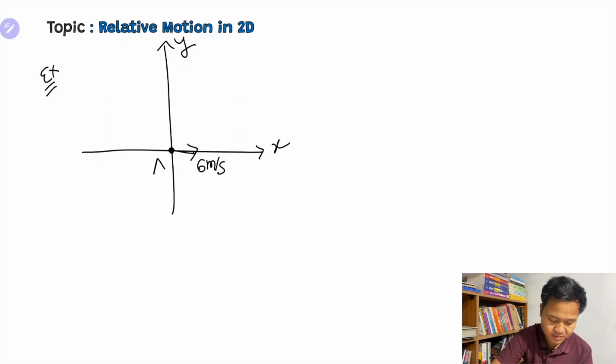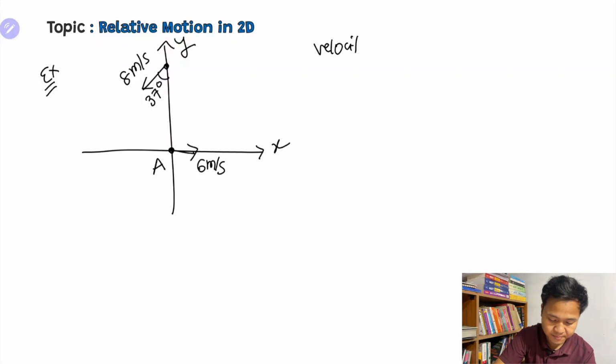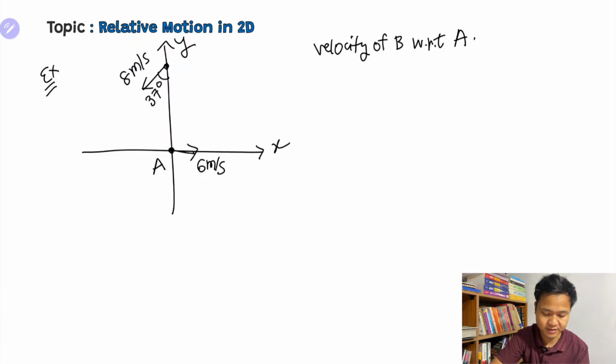Now instead of coming down, b is going along this side, let's say 8 meter per second at some angle, how much? 37 degree. So here I'm asking you, what is the velocity of b with respect to a? That is the question.